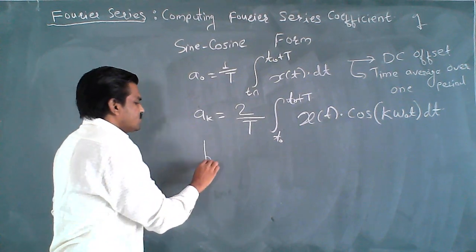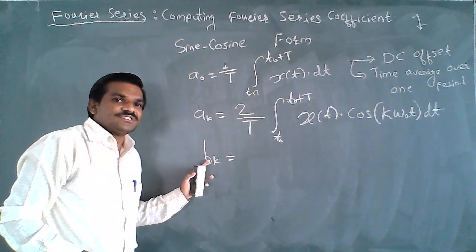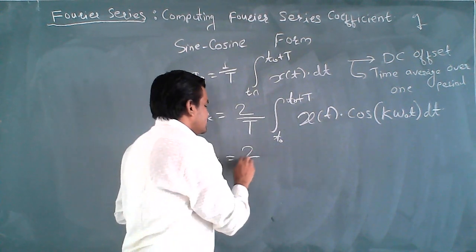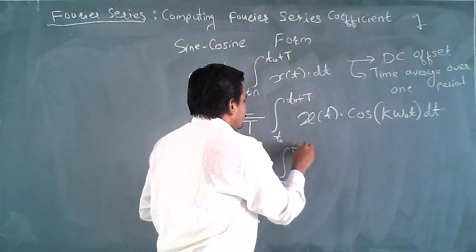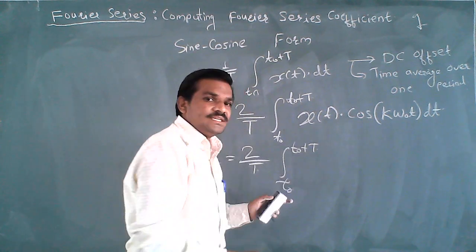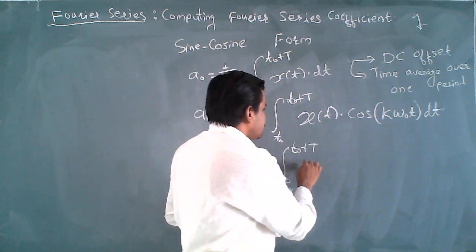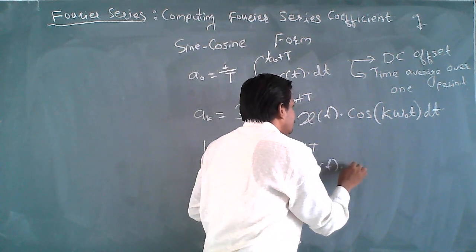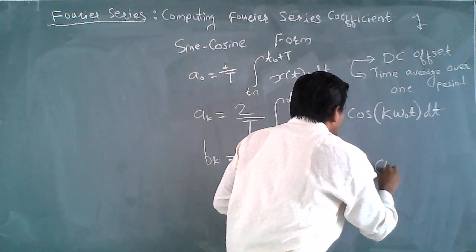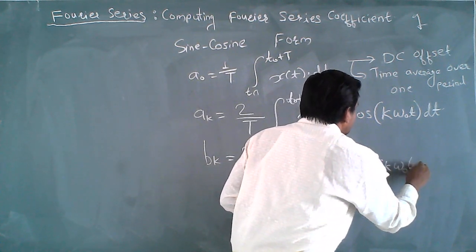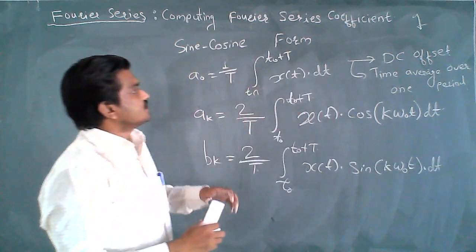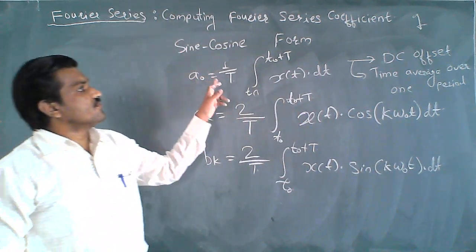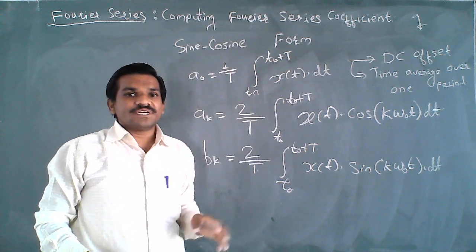The second coefficient is your bk, which is equal to 2 by T integration from t0 to t0 plus capital T of x of t into sine of k times omega 0 t into dt. So this is the Fourier series coefficient for sine and cosine form.